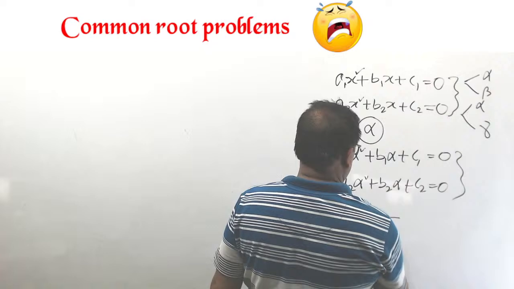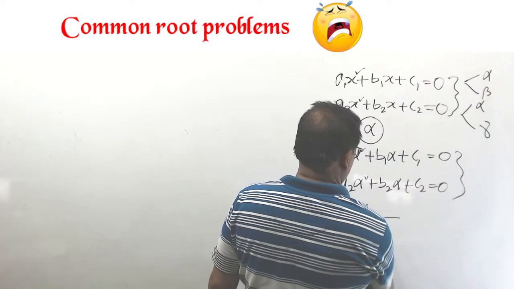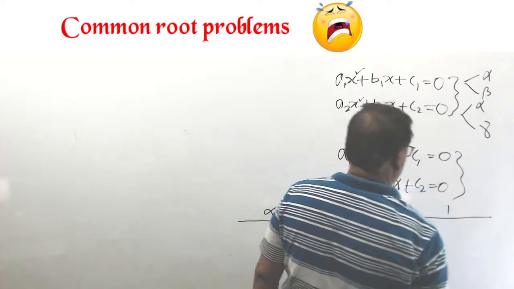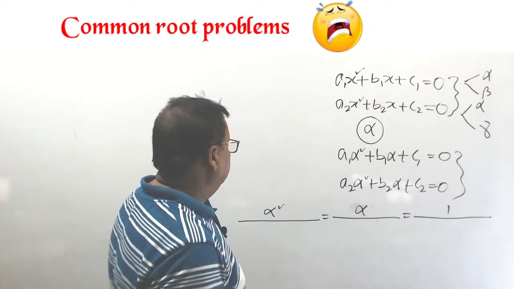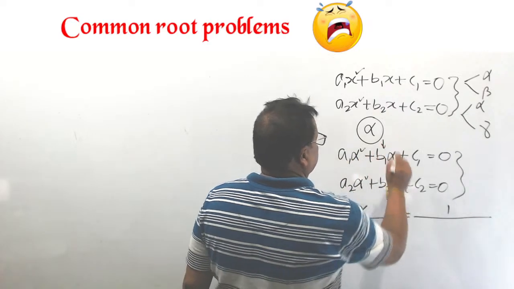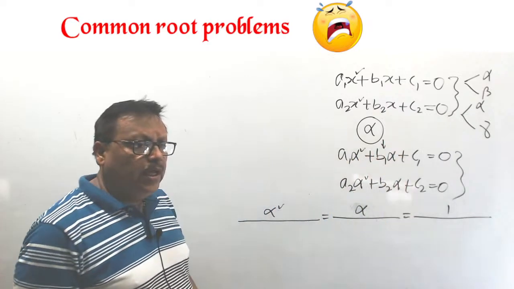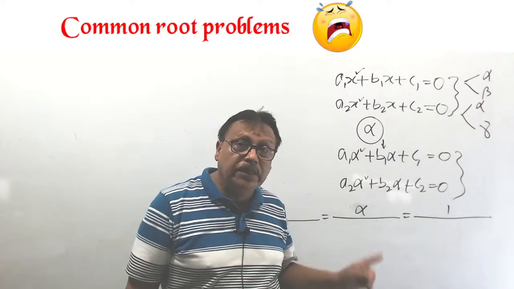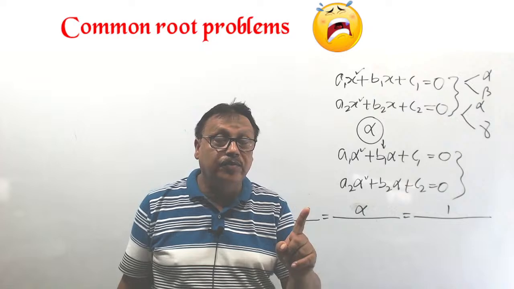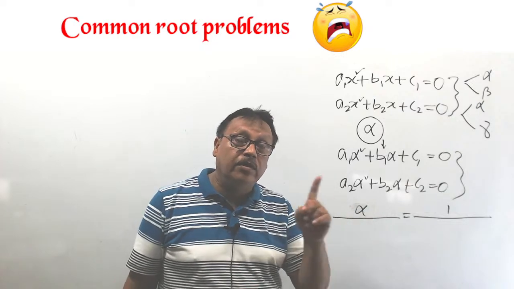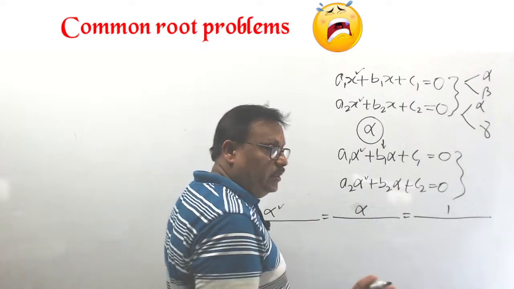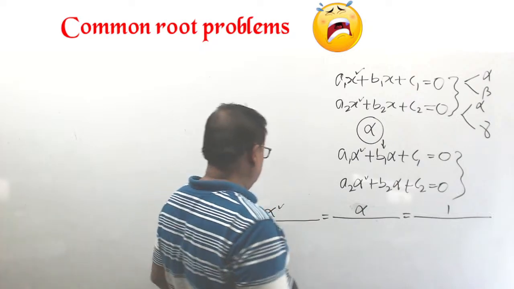Alpha square, alpha, and 1. We will start from here. You know the cross multiplication method; we already learned the method in class 9 in the ICSE board, and in the CBSE board we already learned this in class 10. The same thing we are using here.